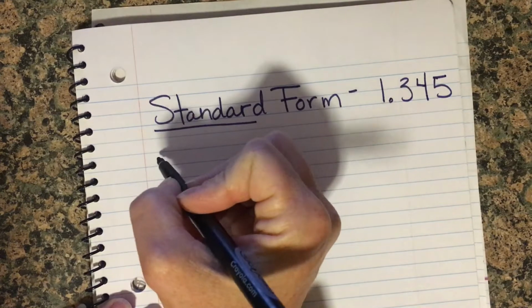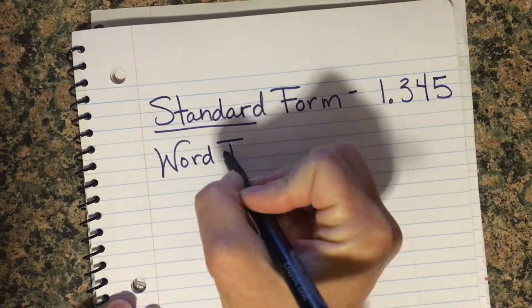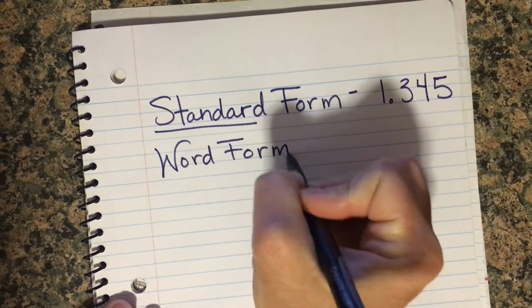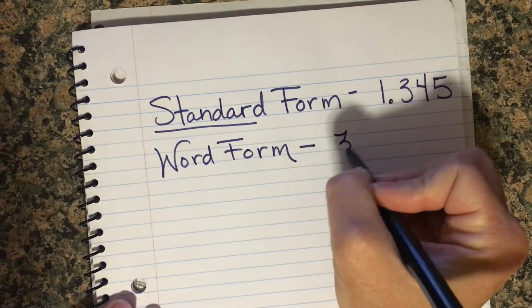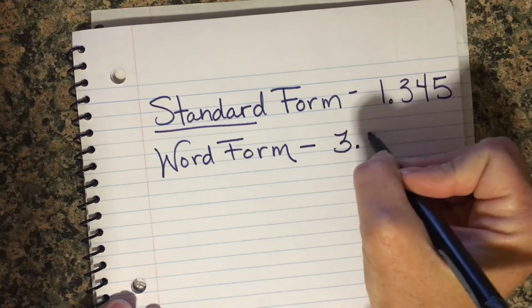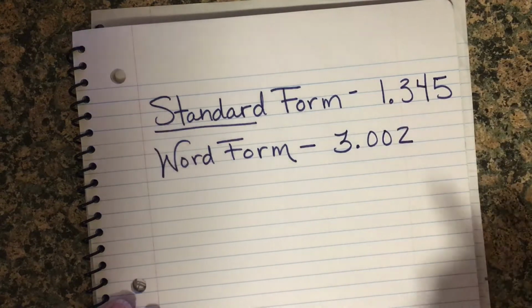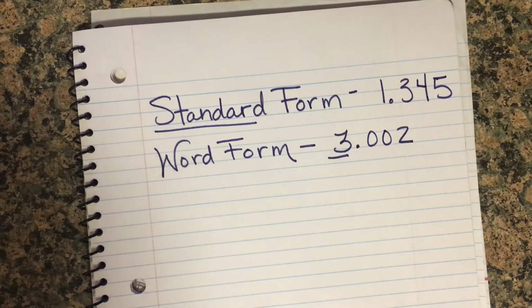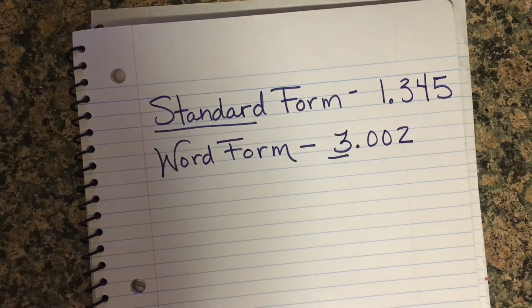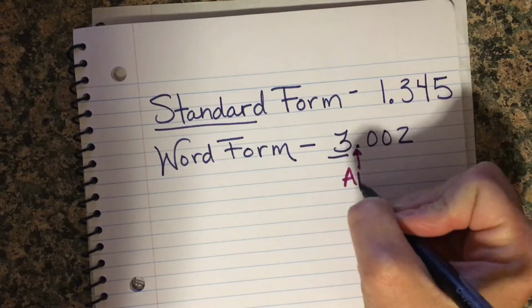Word form, I know you guys have done before, but you need to know how to say the decimal number right. So if I have this number here, I'm going to say 3 first. Anything before the decimal, you say it. When you see the decimal, you say and.